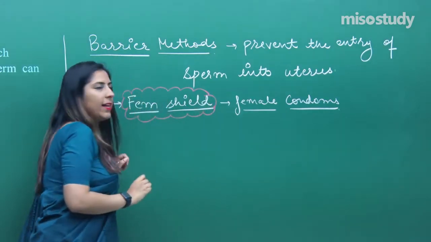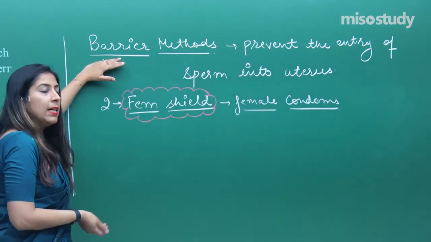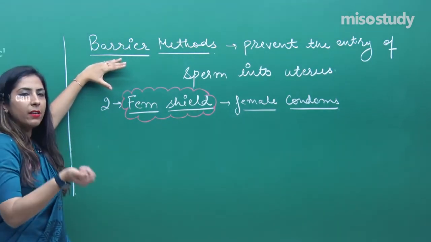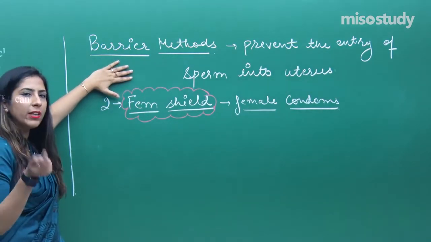So students, while attempting this, you have to write certain things about the barrier methods, certain things about the chemical methods, and something about the intrauterine devices. First we are discussing the barrier method, so I am giving you 2 to 3 examples of each.